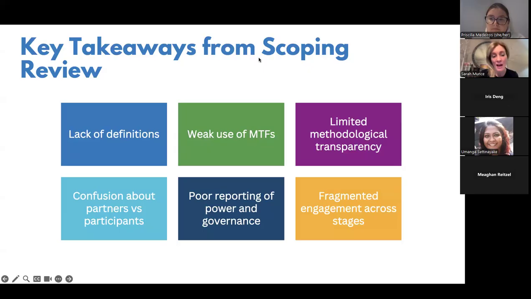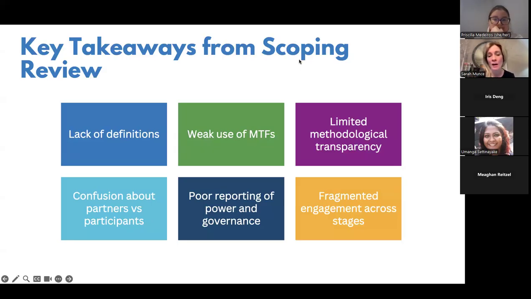Similarly, we see confusion around partners versus participants. Recall the finding that in 40% of the studies, there is no evidence of that partnership piece, that shared decision-making role.